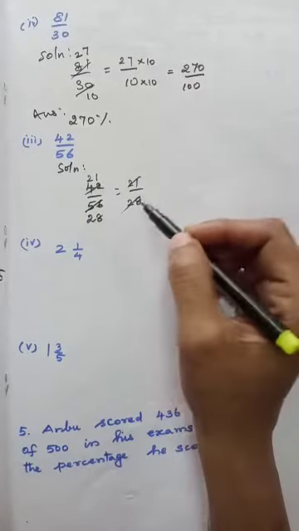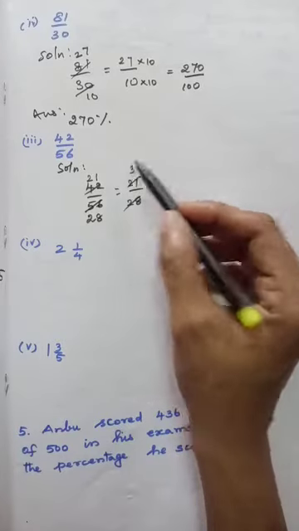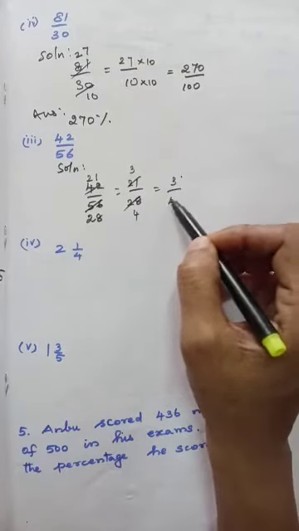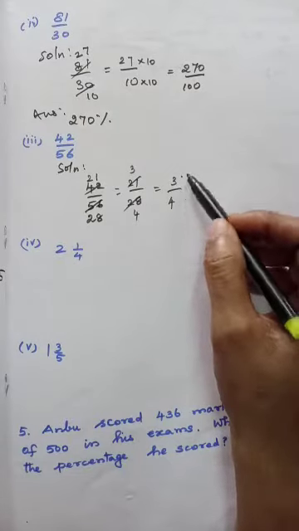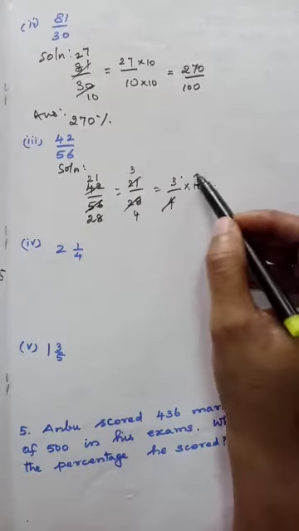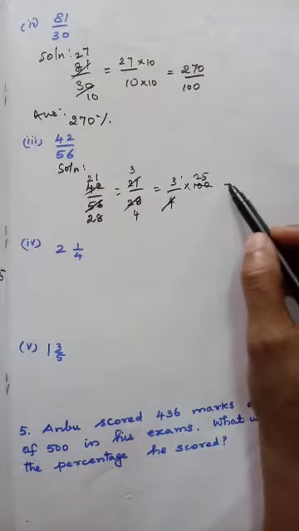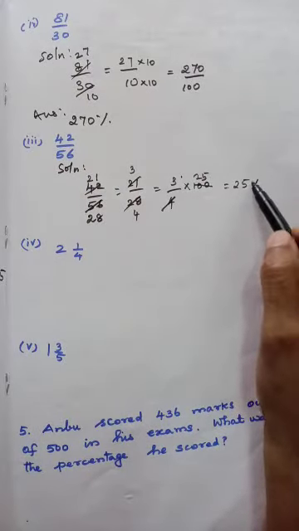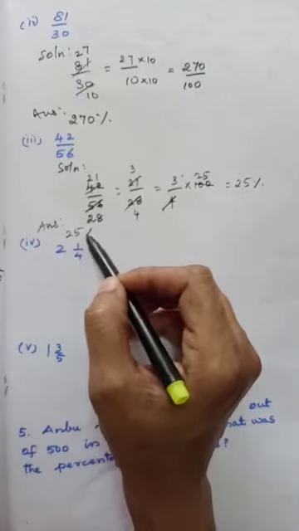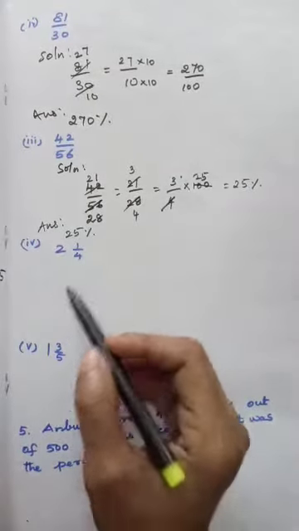Both come in the 7 table. Yes, 3 by 4. You multiply this by 100. Then it will come as 75. The answer is 75 percent. Then you shall move to the fourth problem.